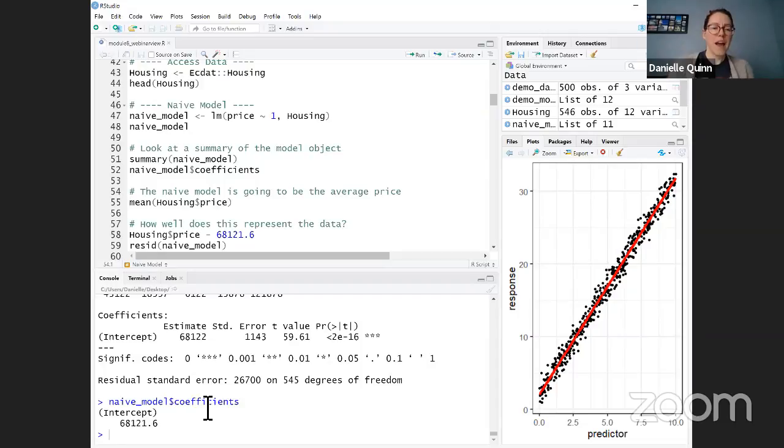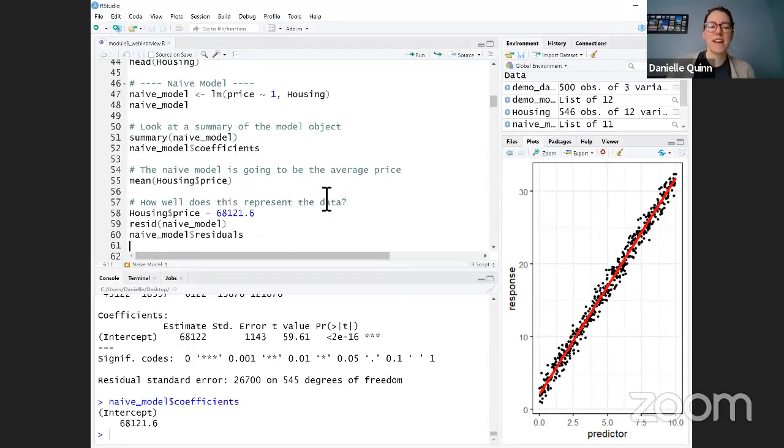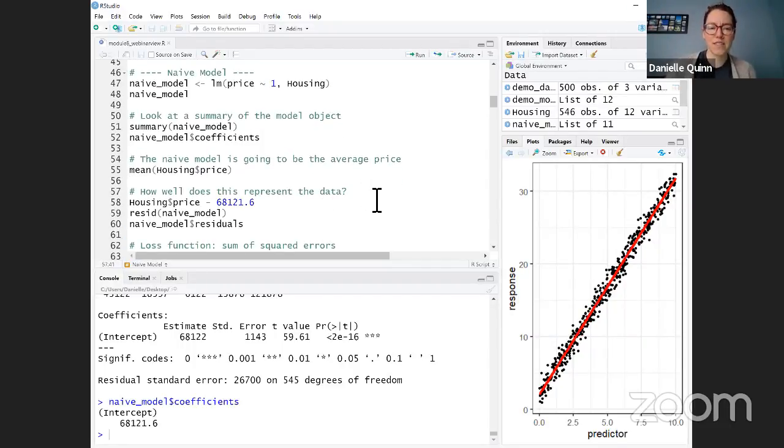So we have our prediction. We say, okay, a house is going to cost $68,000. But how well does this actually represent the data? In other words, what are our residuals, right? For each of our houses that we know the actual price of, what if we had predicted they were $68,000? How close would we be? There are a few different ways we can get at this information.